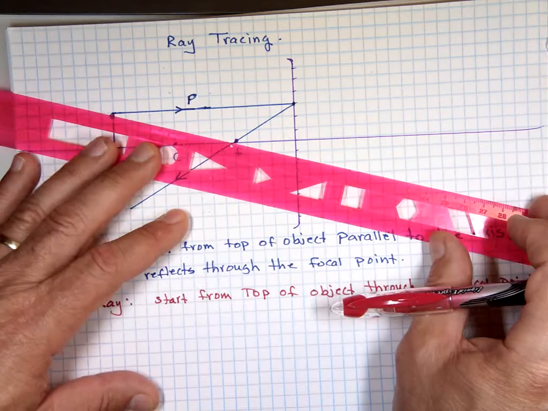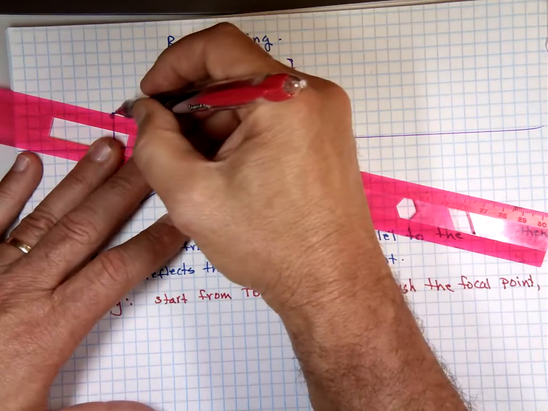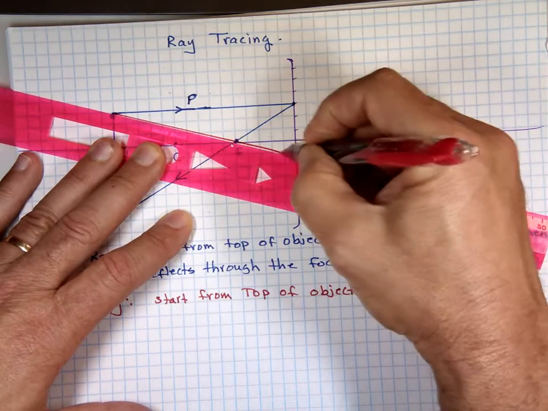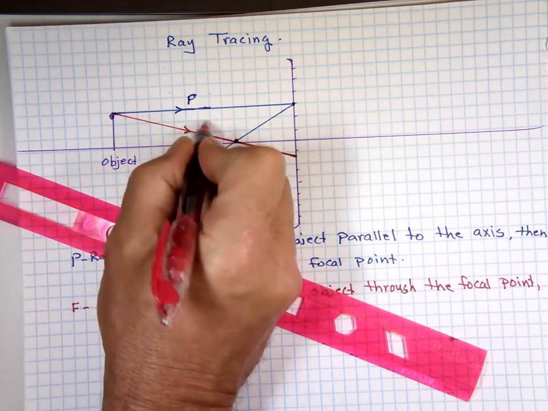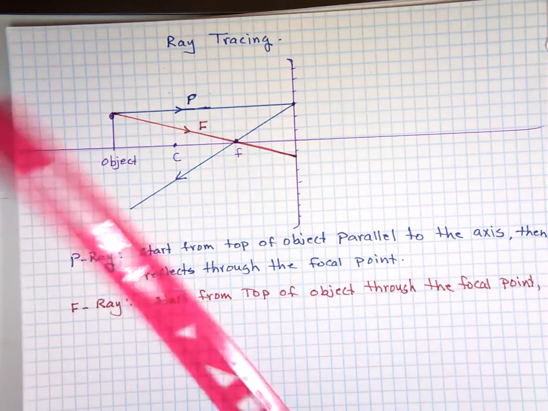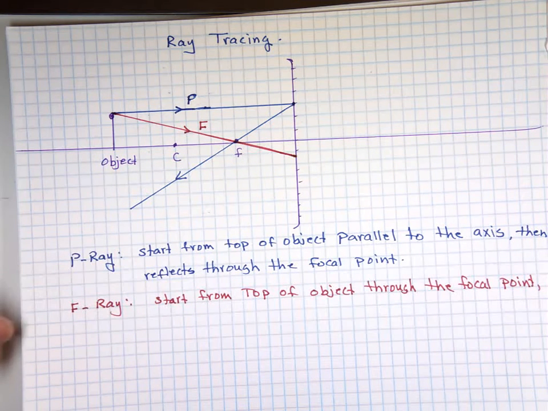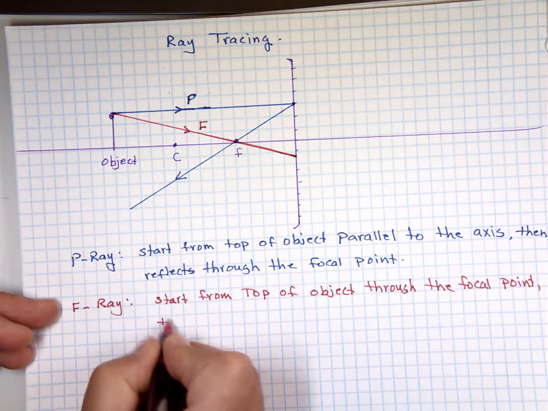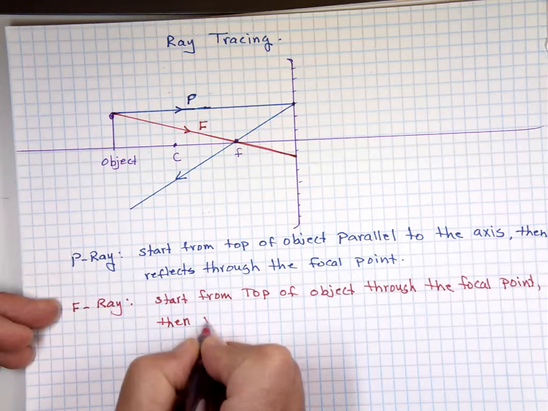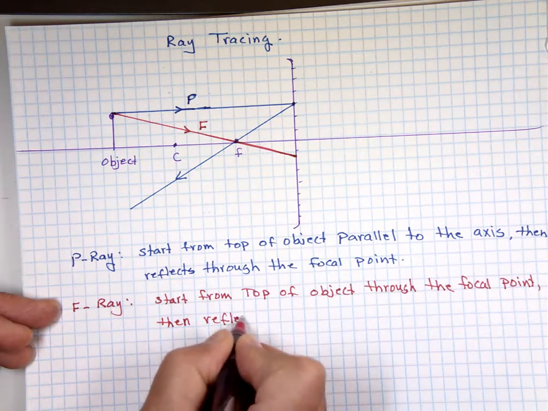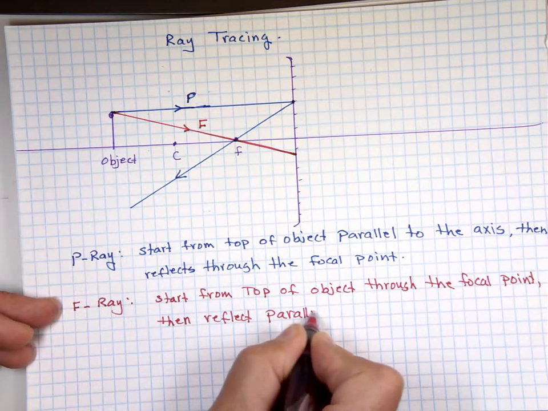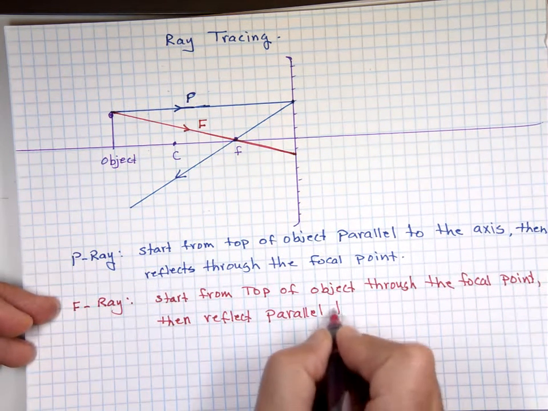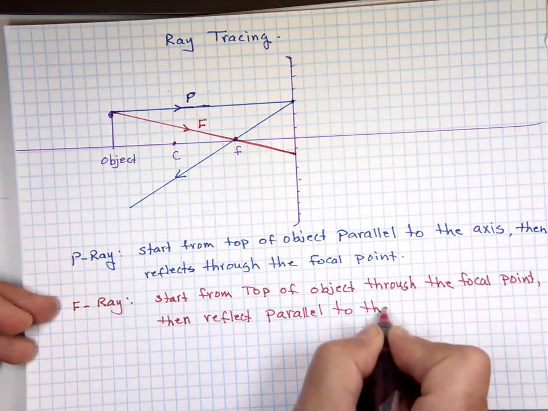Let's keep going. Here we go. This is the F ray. It's going to hit the mirror. It's going to reflect. Now let's see what the reflection does. It reflects parallel to the axes.